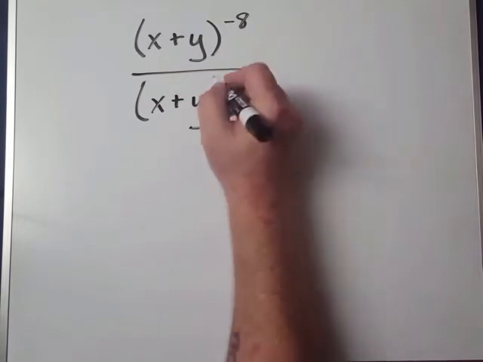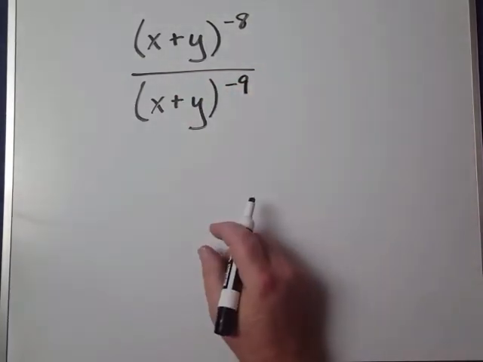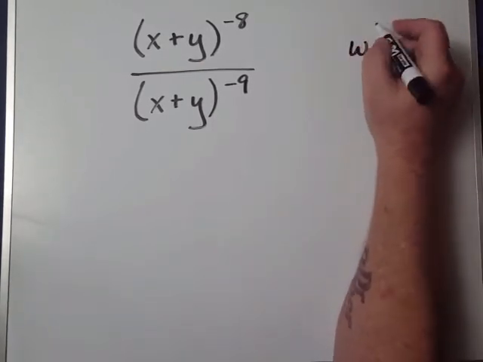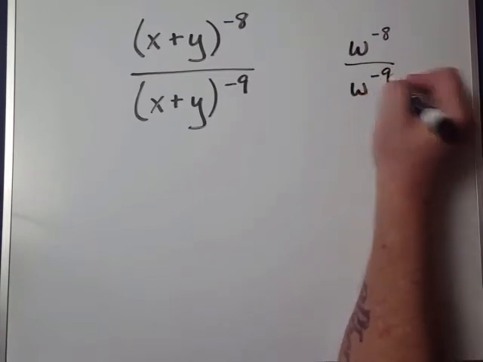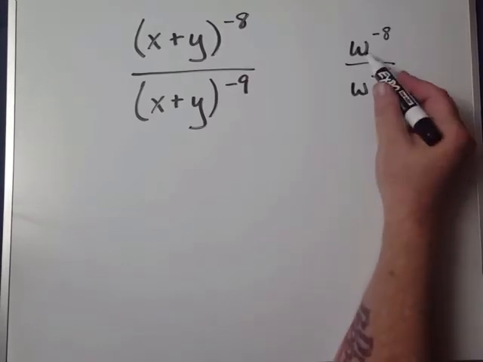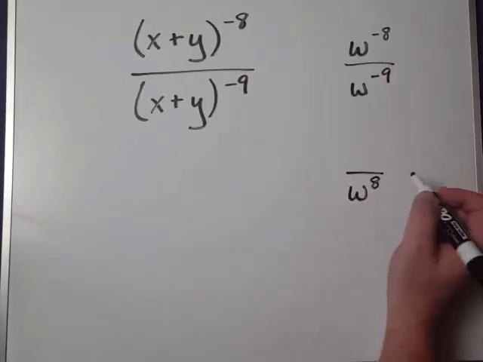I want to think about this in terms of a companion problem. I want you to consider the problem w to the negative 8 over w to the negative 9. That w to the negative 8 in the top becomes w to the positive 8 in the bottom.